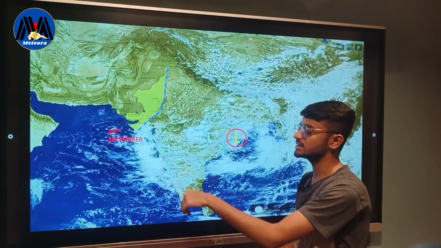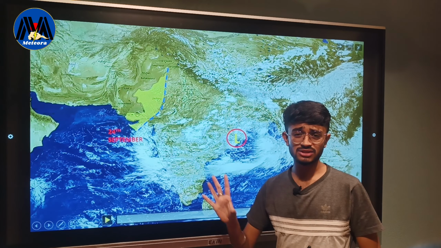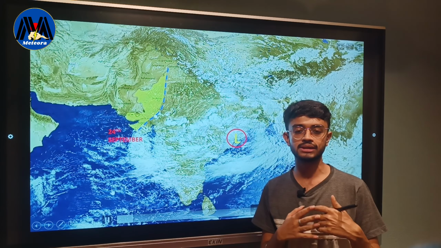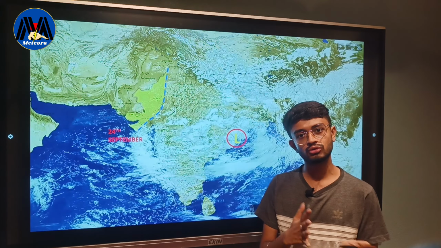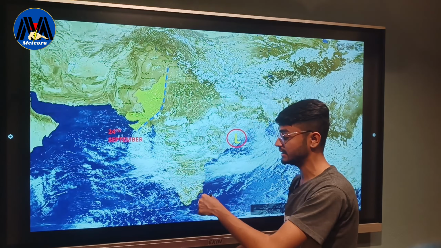Moving on to the South Indian condition, isolated conditions of heavy rainfall will be seen in South India, and a moderate to heavy impact will be received, specifically along the coastal lines.